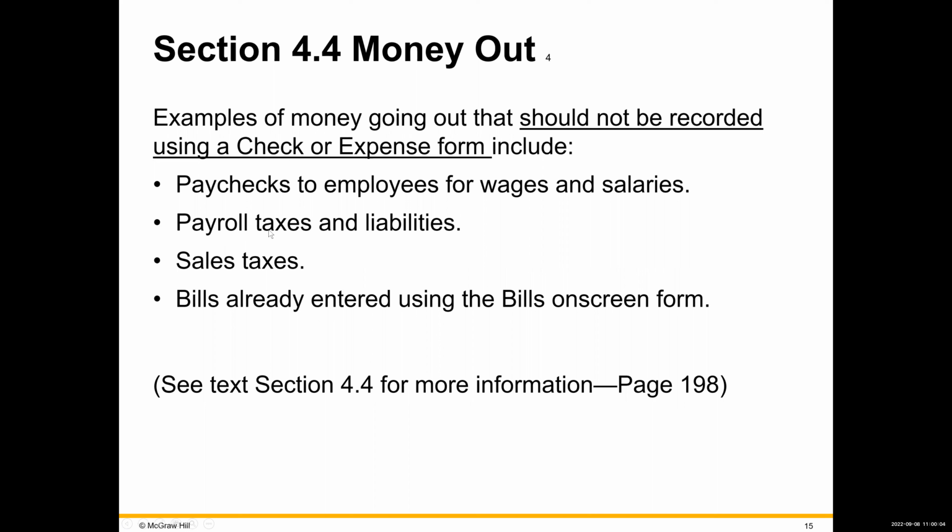Anything related to payroll should go through the payroll system, because we've got to keep track of how much we collected from or withheld from our employees' checks and the like. So when you write the paycheck, make sure you do it through the payroll system, and when you pay the payroll taxes, do it through the payroll system.